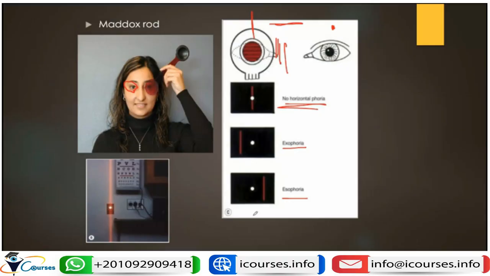So this can be a test just to know if the patient has a heterophoria or not. And please note that the Maddox rod can detect heterophoria for far. However, we have another device called the Maddox wing that can detect the heterophoria for near.